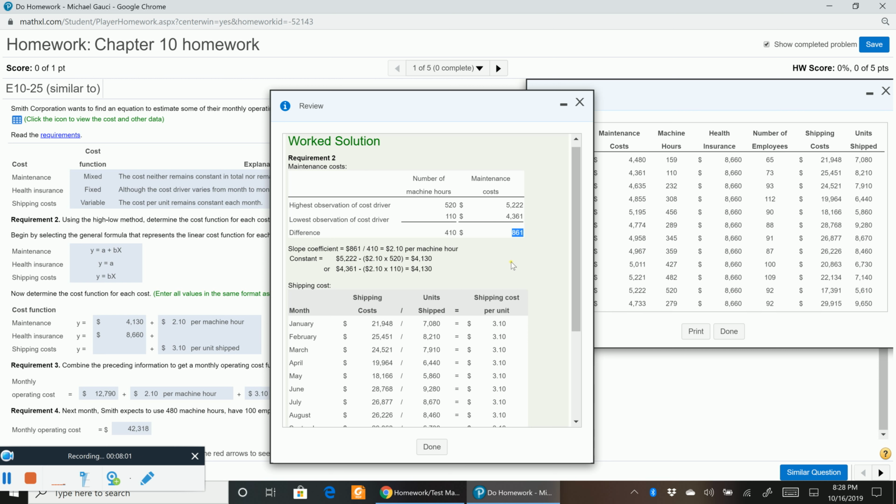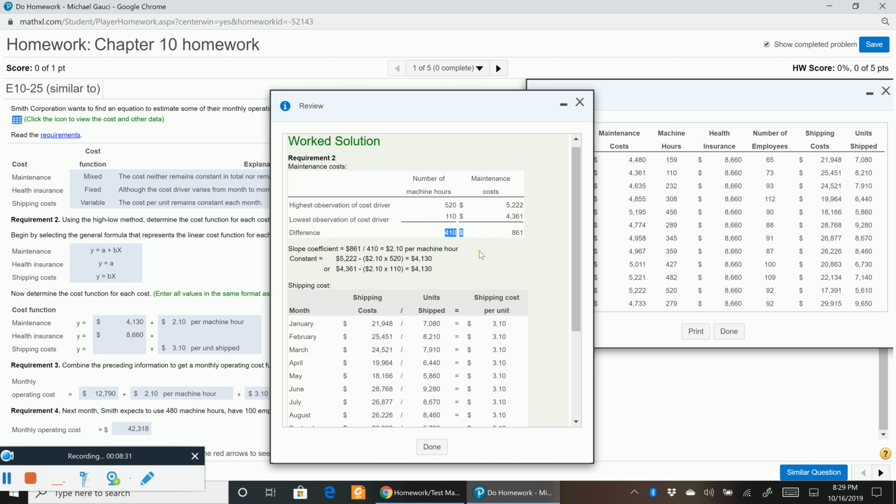To figure out the variable cost per unit, we take the change in dollars, 861, and divide it by the change in the number of units in the cost driver, in this case machine hours. 861 divided by 410 gives $2.10 per machine hour. That is the variable cost per unit.